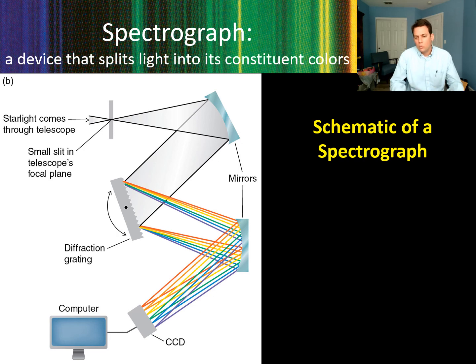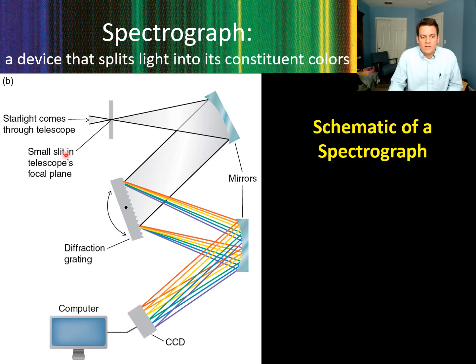White light is the combination of all colors, right? All different wavelengths. But it turns out that we're going to be able to get a huge amount of information out of the light by splitting it up into its components and seeing how much of this wavelength we have, how much of that wavelength we have. Are there any wavelengths that are missing, for example? If you think back to absorption line spectra.